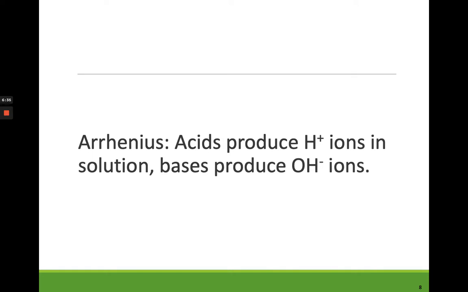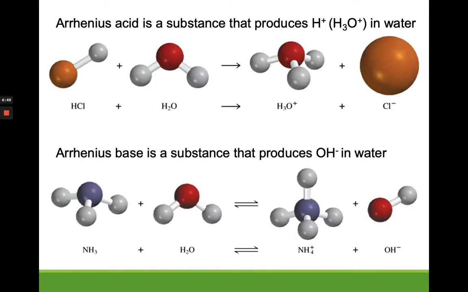So examples of bases are the hydroxides: sodium hydroxide, magnesium hydroxide, potassium hydroxide. Okay, but there is one caveat for that. So we have here an illustration of an Arrhenius acid being able to produce H plus. By the way, H plus is just a kind of a misnomer because its complete chemical formula is this one, H3O plus.